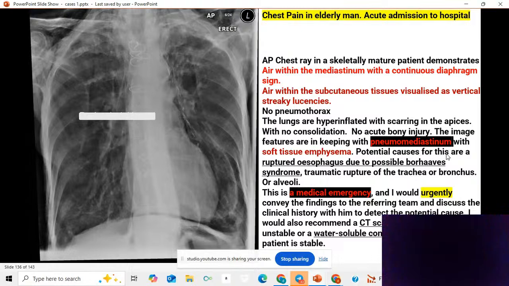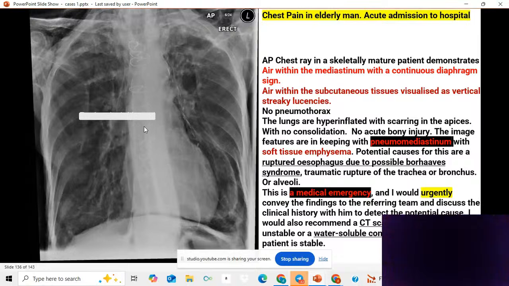Potential causes for this are ruptured esophagus due to possible Boerhaave syndrome. So, once you see pneumomediastinum and soft tissue emphysema, the most likely cause is ruptured esophagus due to Boerhaave syndrome.